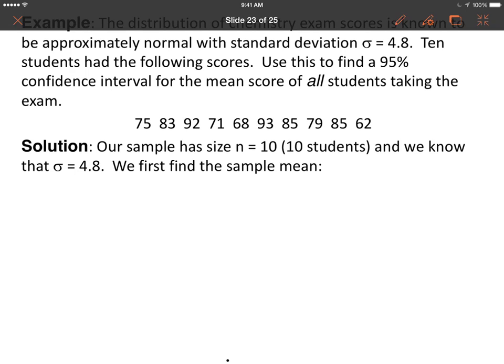There are 10 students, so n is 10. And we're given in the problem that the standard deviation is 4.8 right here.